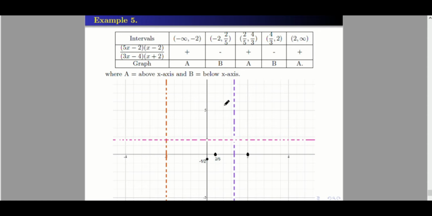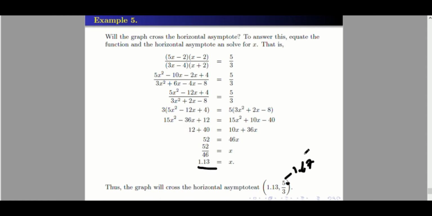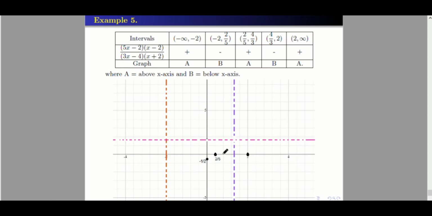So take note that the graph will cross at where? 1.13 and 5/3. So somewhere here. Now remember, this is x equals 4/3.